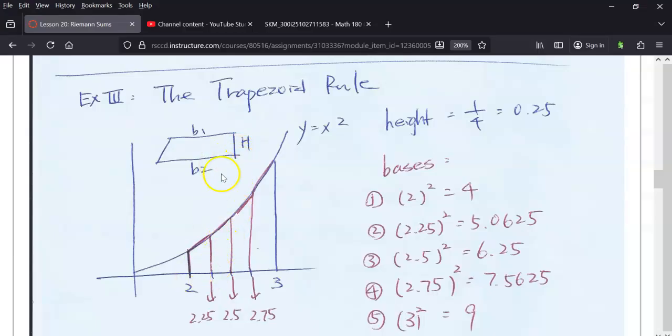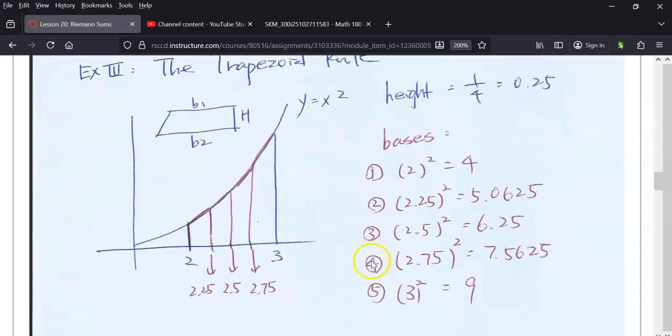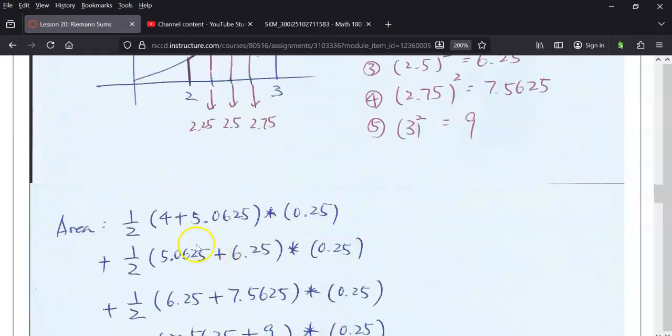If you look, we do have the height, which is the 1/4. We also have base one and base two, because base one is the left end of the rectangle and base two is the right end. So we do the same thing as before, but with the new formula.